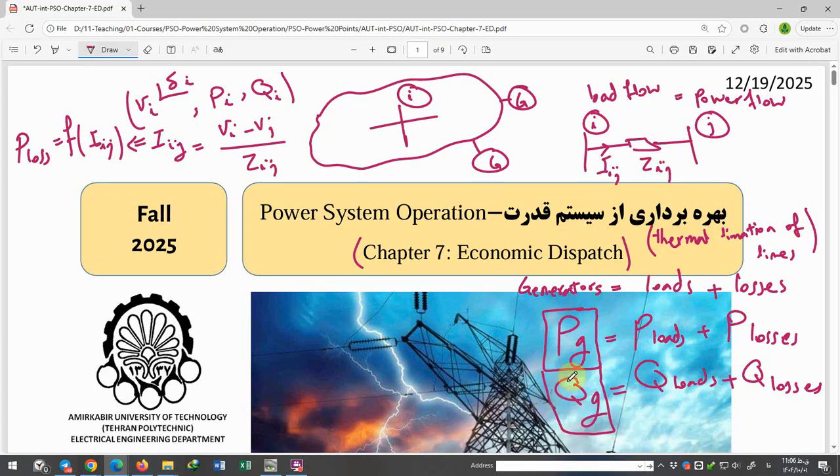And which scenario of generation is based on economy?